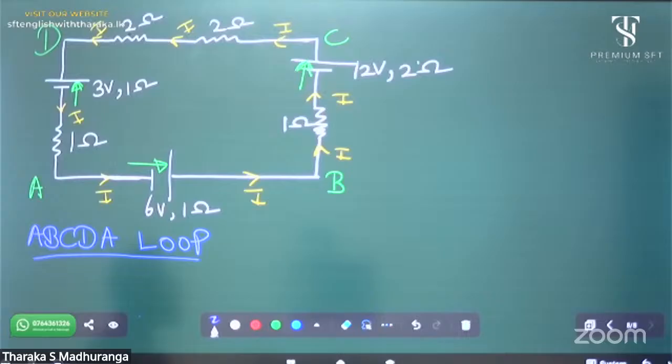Okay, send your current value. Final answer. Sini, I got.